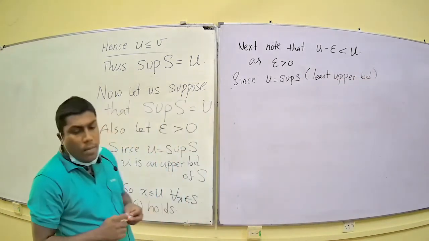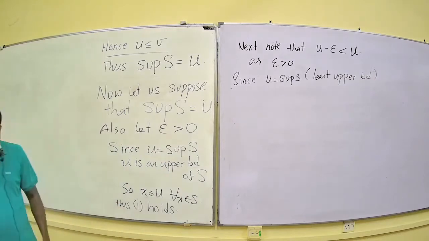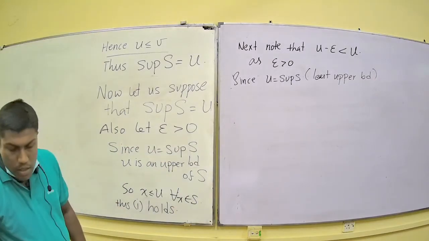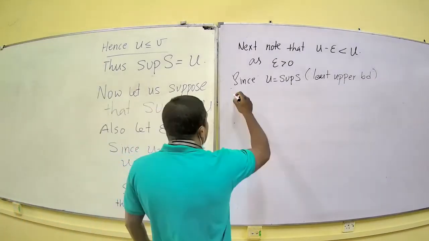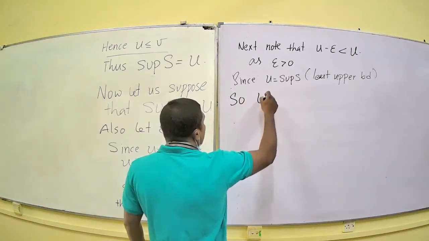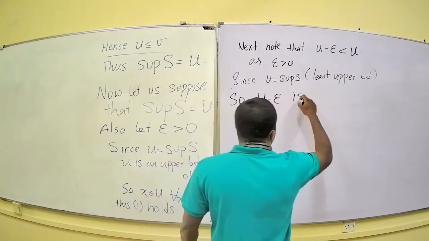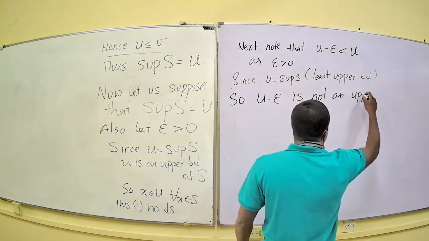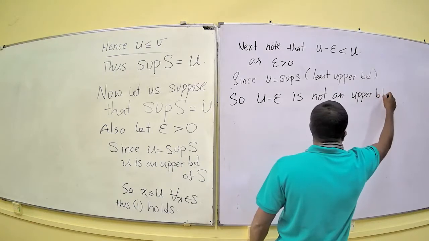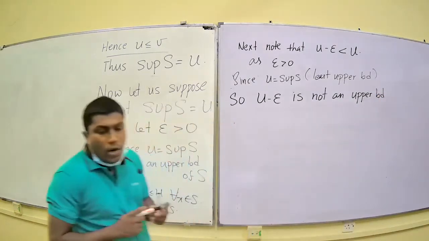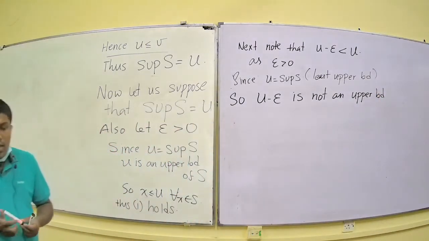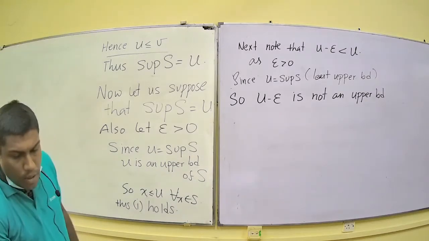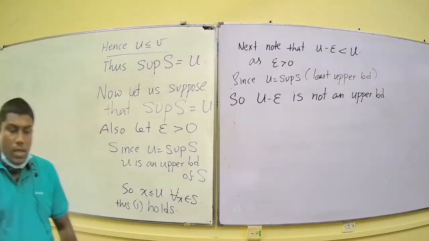You know the meaning of supremum? u is the least upper bound. So therefore u minus epsilon cannot be an upper bound, because it is smaller than u.